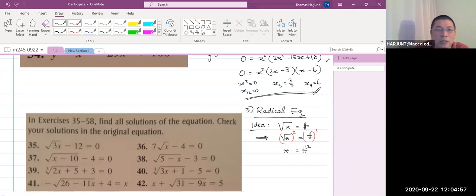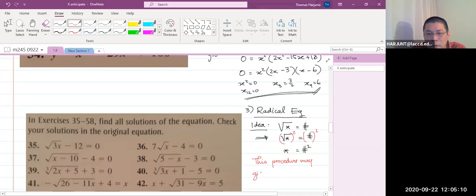Now, the thing is, a warning: this procedure may give extraneous solutions. In other words, you may get a solution that does not satisfy the original equation.